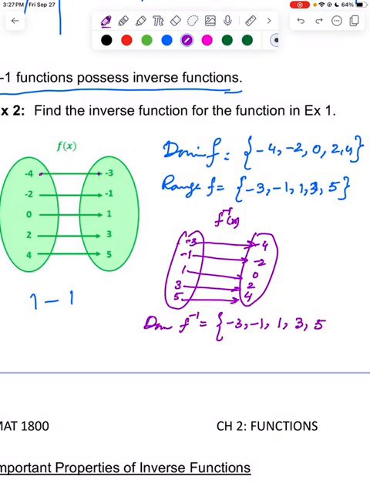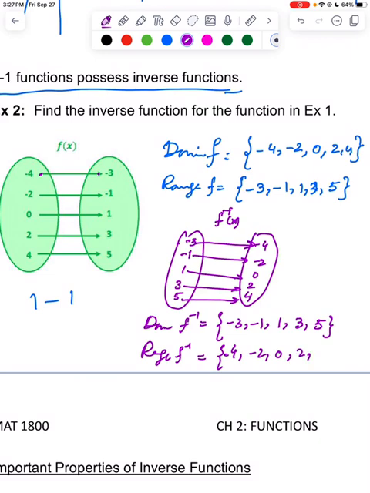And the range of f inverse is -4, -2, 0, 2, and 4.